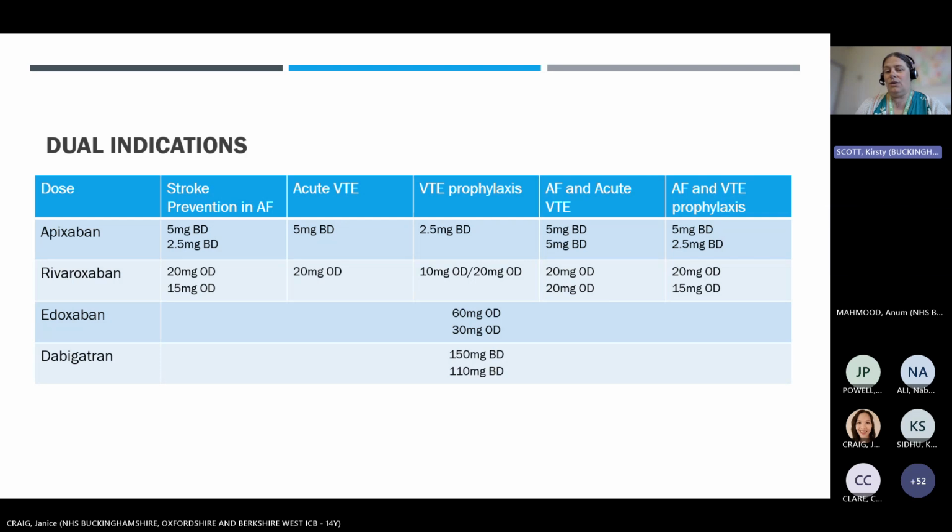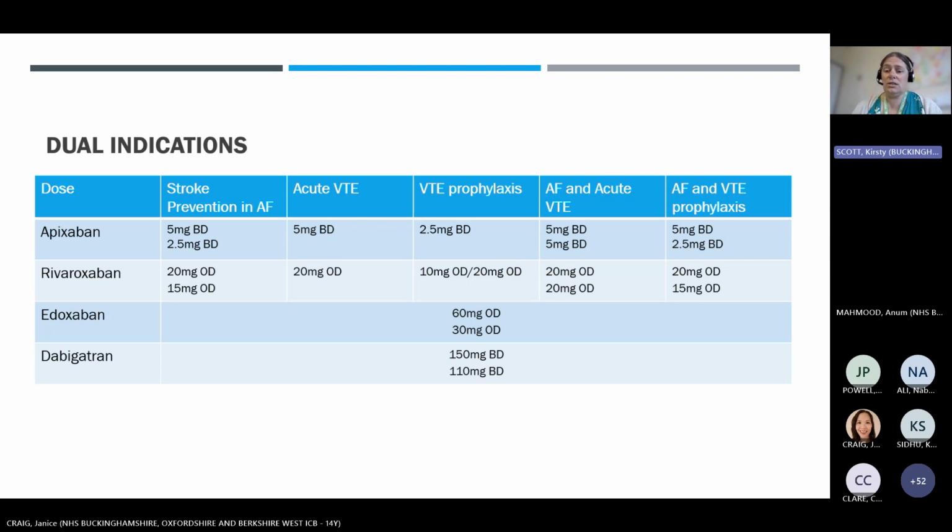If they need to stay on apixaban because that DVT or PE was unprovoked, so they've got to stay on long-term prevention, what dose are you then going to have them on continually? Well, we always pick the higher dose that's required for whichever indication.